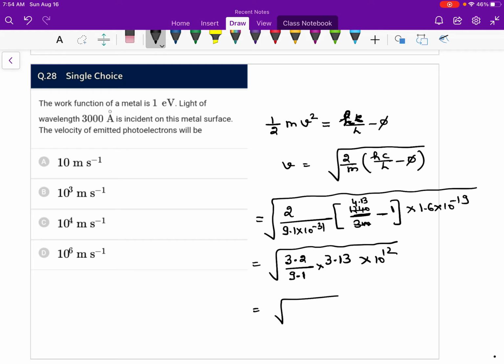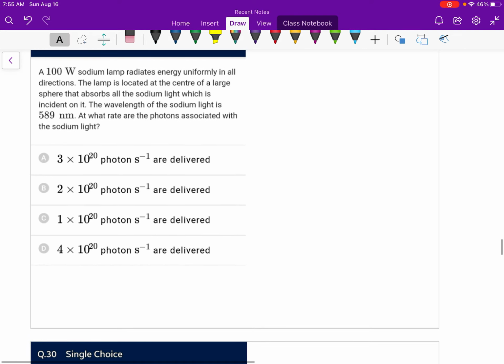So guys, this is 3.2 into 3.13 upon 9.1 into 10 to the power 6. So this is 1 point something into 10 to the power 6 meters per second. So D is the correct option.